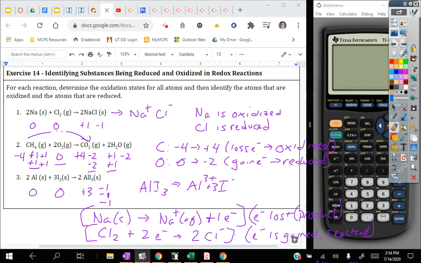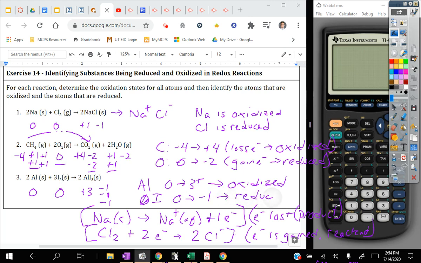So that's where we're getting that from. Here, it's relatively easy to see that since aluminum went up in charge from 0 to 3+, it is being oxidized, and iodine goes from 0 to -1. It is being reduced.